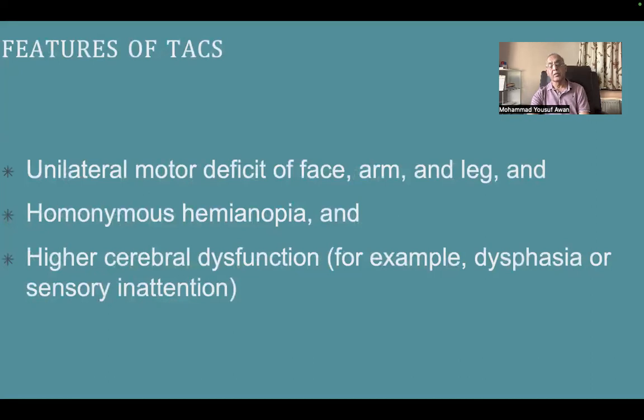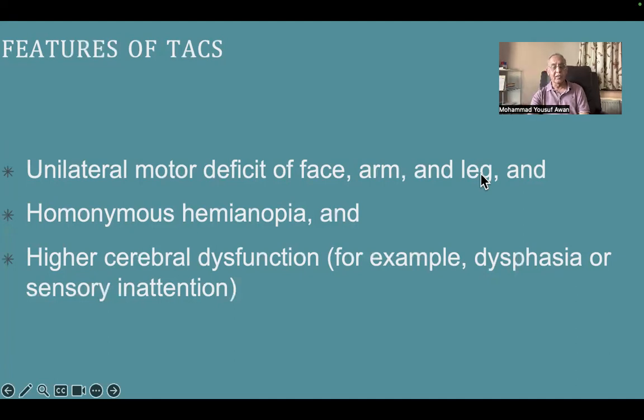So total anterior circulation syndrome, the result of an internal carotid artery problem involving both the anterior and middle cerebral arteries, will result in unilateral motor deficit of the face, arm, and leg.